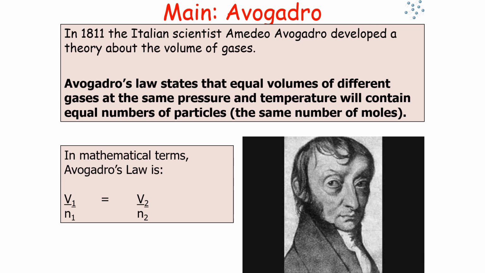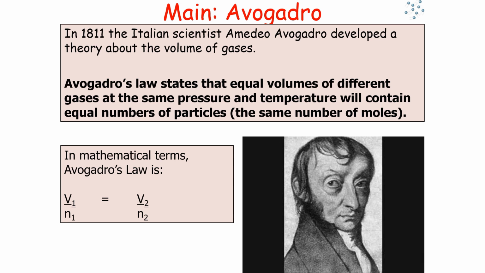Avogadro's law states that equal volumes of different gases at the same pressures and temperatures will contain equal numbers of particles, i.e. the same number of moles. So if you have the same volume of a gas, you'll have the same number of moles of a gas. In mathematical terms, Avogadro's law is V1 over n1 is equal to V2 over n2.